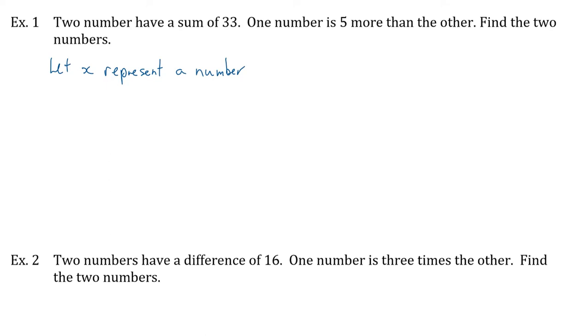So one number is 5 more than the other. If one number is x, what's the other number? We could do that, but we're going to keep it simple for this one. We don't know what the numbers are yet, but we know that one is 5 more than the other.